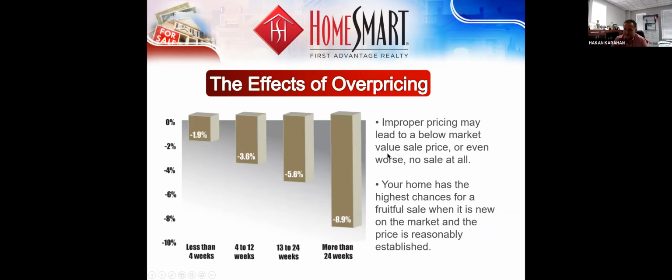And this talks about the effects of overpricing for 24 weeks, which is 6 months. We're not talking about this particular market because this market is crazy. We're talking about an average market. If you price it wrong, at the end of the 6 months, they may end up selling their property 9% less than what they would have sold for in the first month if they priced it properly.